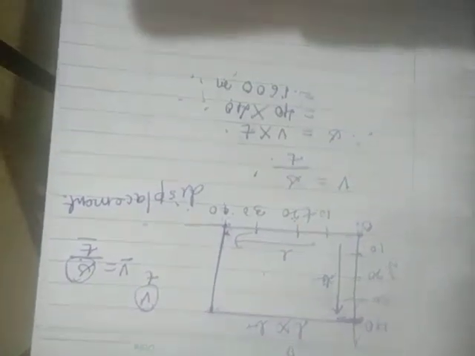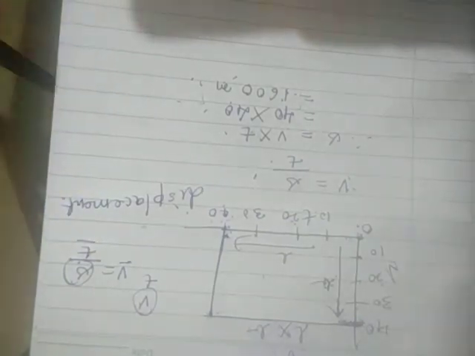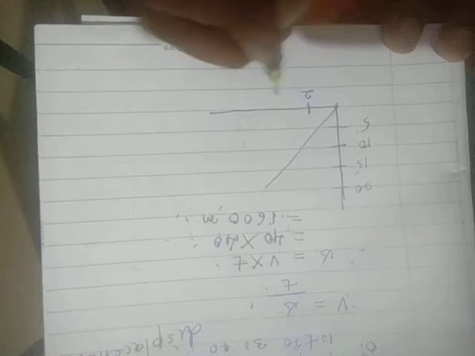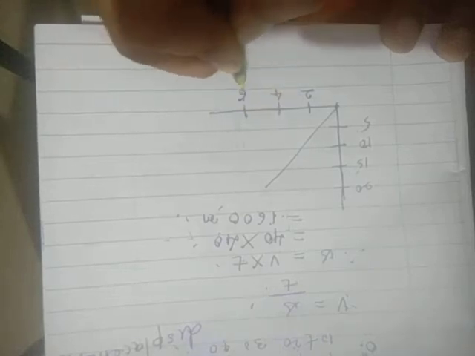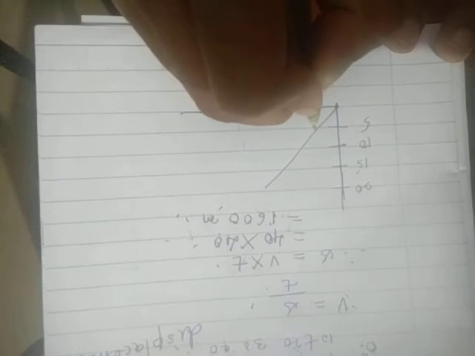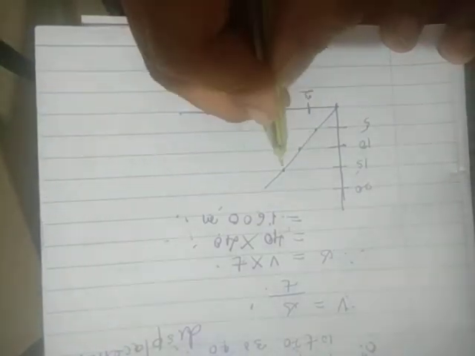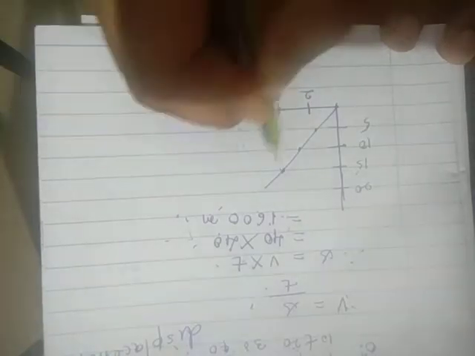Now let's see uniformly accelerated motion, that means a linear motion. Suppose linear motion is there like this, and let's suppose this is 5, 10, 15 and 20, and on the time axis we take 2 seconds, 4 seconds, 5 seconds, 6 seconds and so on.